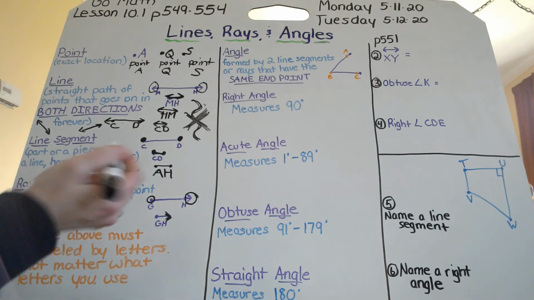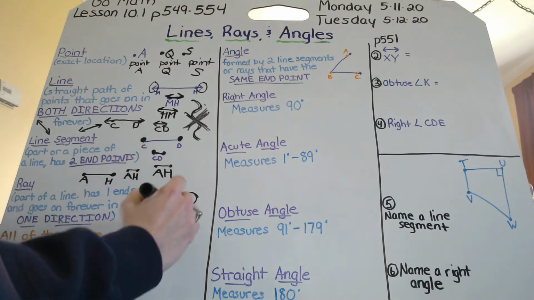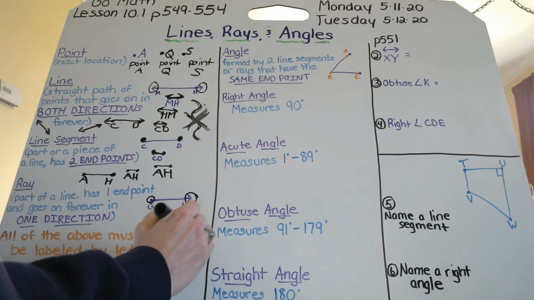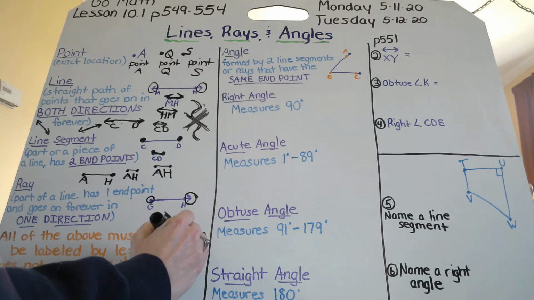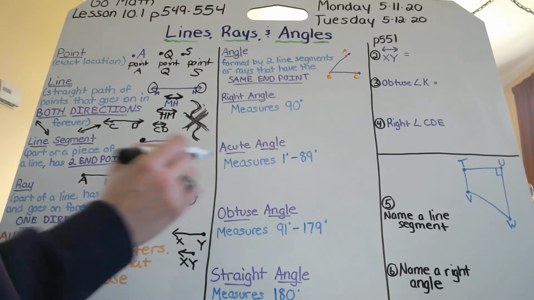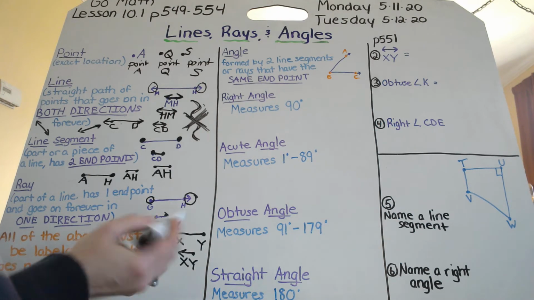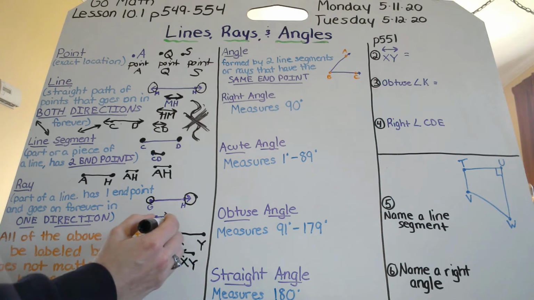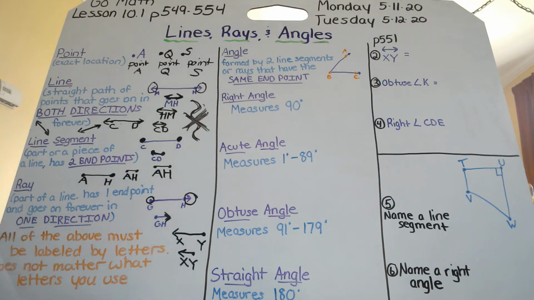Okay? I can also have it go in the other direction if I wanted to make a ray going to the left. And I can call this XY. This abbreviation would look like this. The arrow's pointing to the left because ray XY goes on and on forever this way to the left because of this arrow right here.